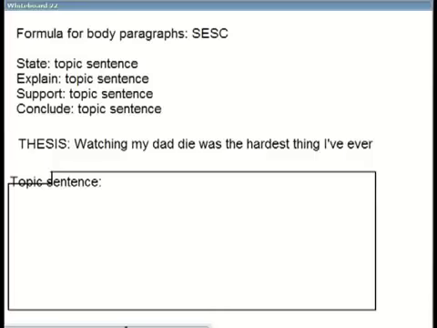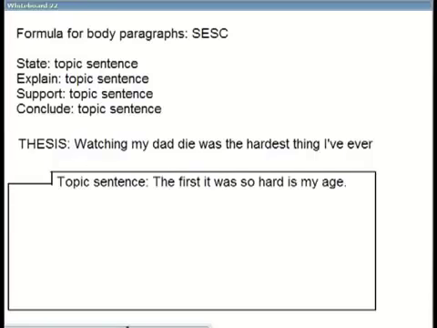And we practiced those topic sentences, and they would be something like, the first reason it was so hard is my age. So that is the state. I just stated it, right? And I get one sentence to state. Now I'm going to explain what I just said, and I get one sentence to explain.